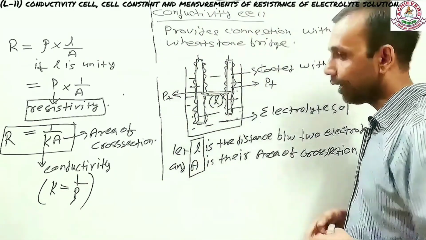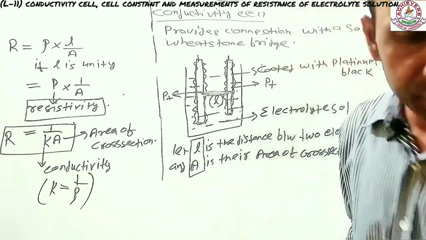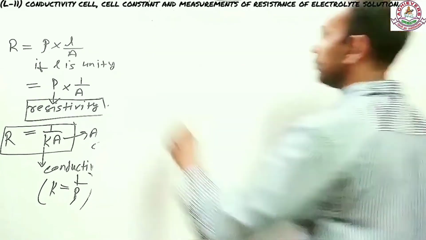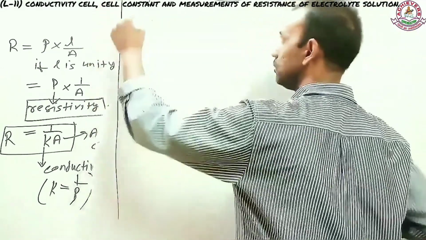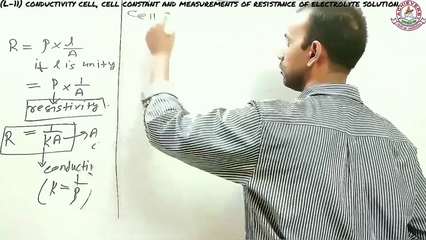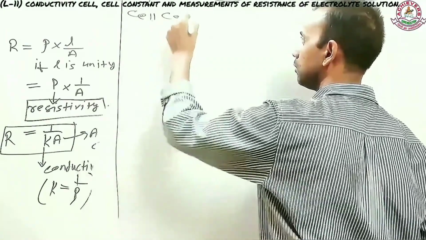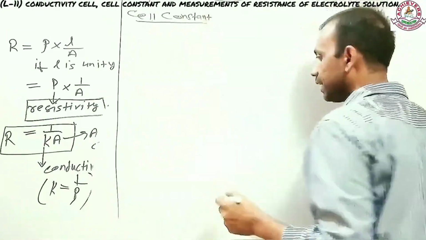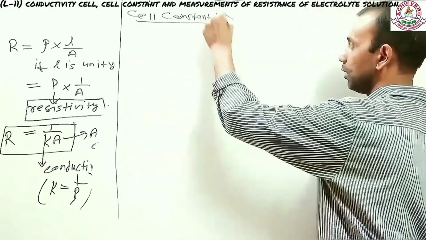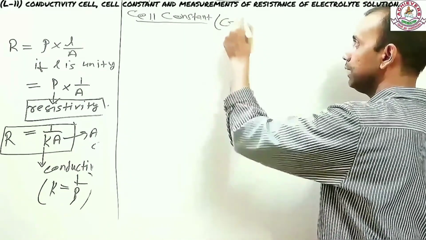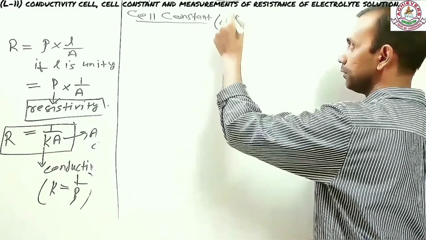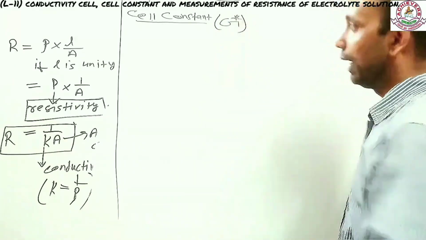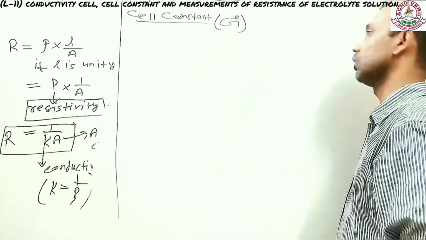Now I have to take you through the last topic, which is the cell constant. Cell constant is basically represented by G with a star up here. Don't get confused if you see G for conductance also and G star for the cell constant also.